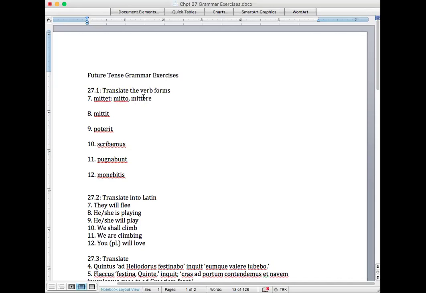So if this verb is third conjugation, because it has a short E in the infinitive, then mittet with an ET is going to be what tense? The ET is going to make this one future. So we'll translate it as he, she, or it will send. So the same verb is here for number 8. Again, it comes from mitto, mittere, which is third conjugation.